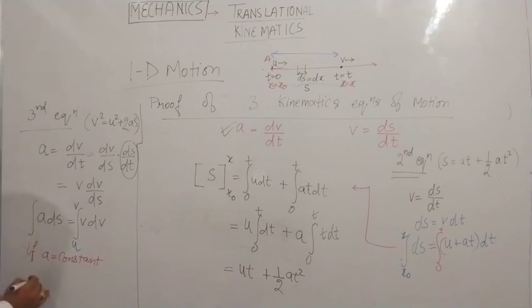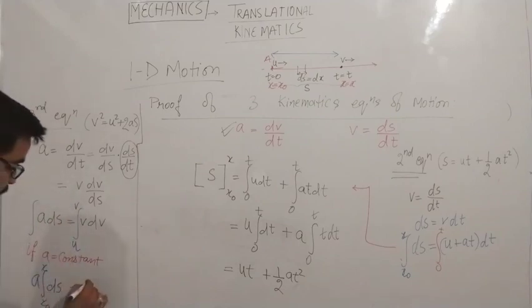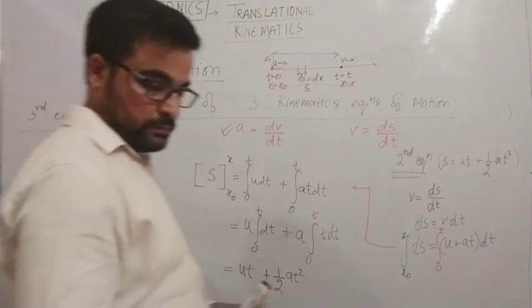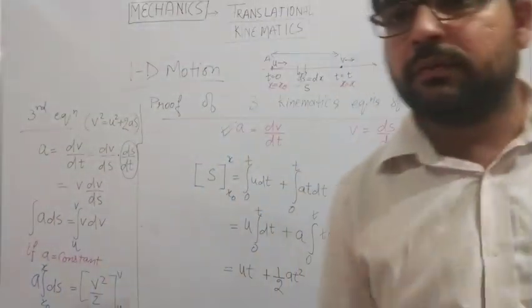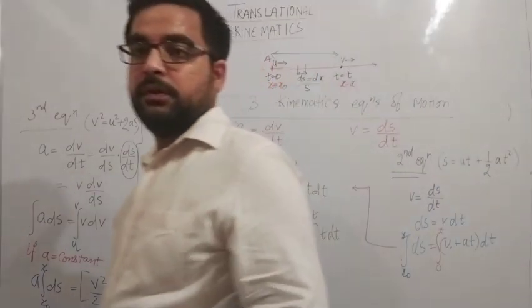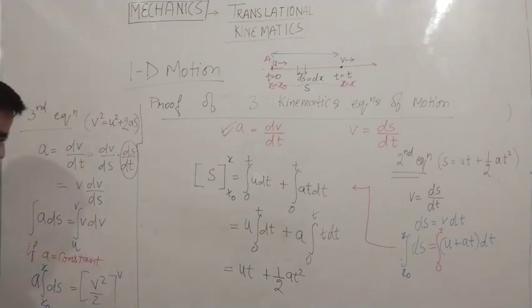So if a is constant, a will come out of the integration, right? And you will put limits x naught to x. So this will be v square by 2 with limits u to v.